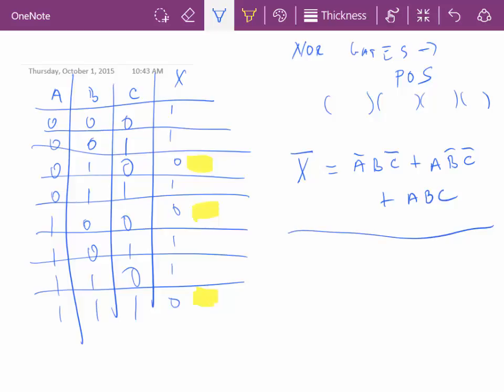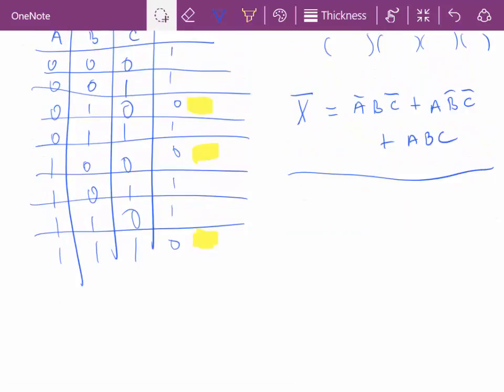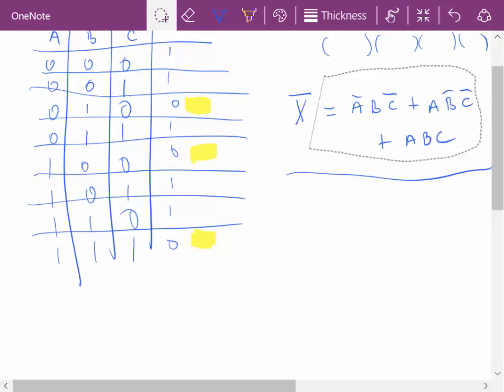Anything else, the function is going to be a 1. So this is what the function is not. I'm reading the zeros out. As we go through here, let me lasso this so that I don't have to redraw it.